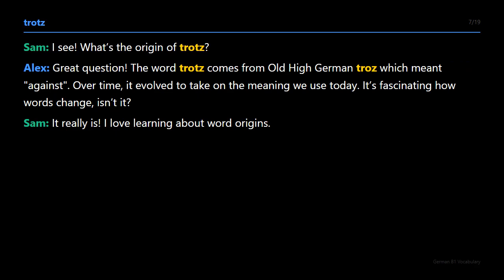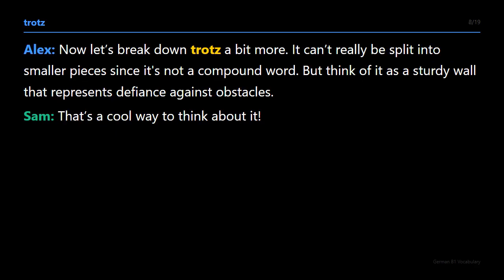It really is. I love learning about word origins. Now let's break down "Trotz" a bit more. It can't really be split into smaller pieces since it's not a compound word. But think of it as a sturdy wall that represents defiance against obstacles. That's a cool way to think about it.